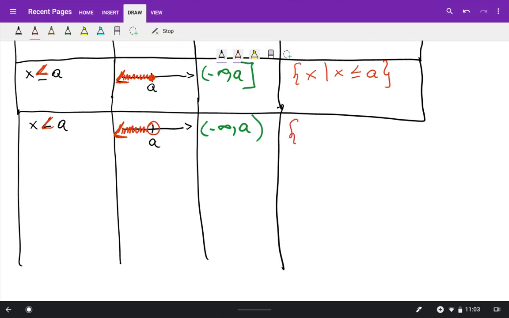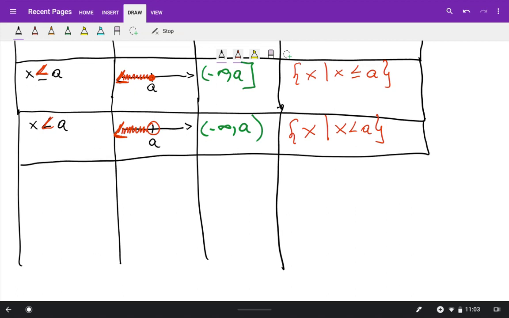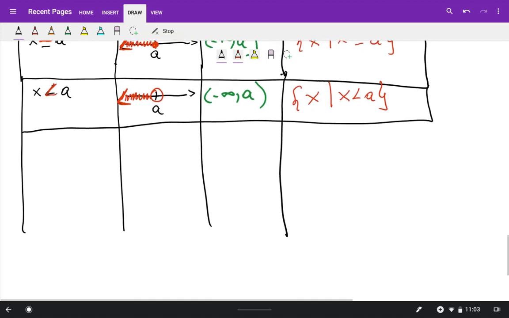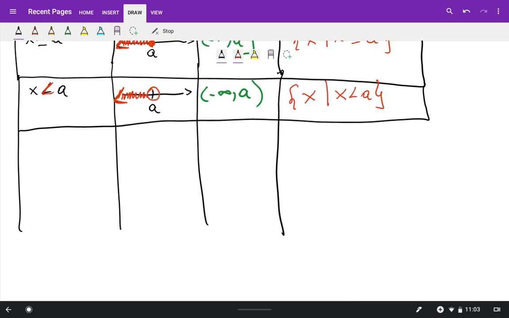The solution set are all the x's such that x is less than a. So this is set builder notation. Okay. Next, here I'm going to talk about compound inequalities. So next I'm going to focus here on compound inequalities.